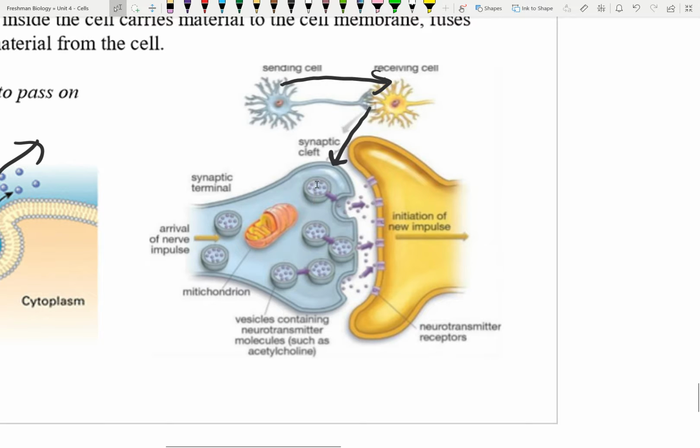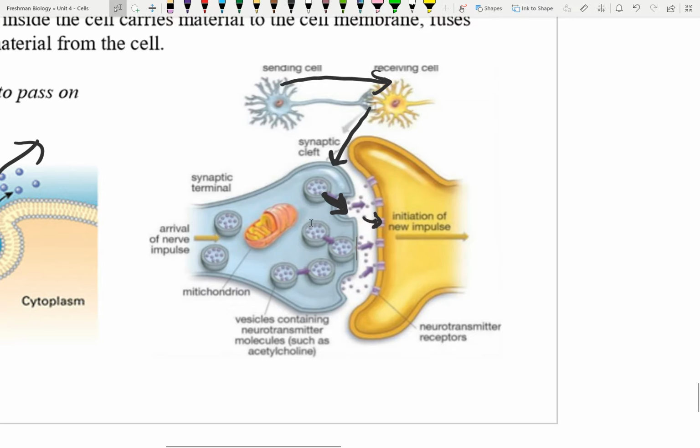And so basically the vesicle can fuse with the brain cell's cell membrane, and then the little neurotransmitter messenger chemicals can be released, and they can attach to receptor proteins on the cell membrane of the spinal cord cell, and that can trigger a message to be sent in that receiving cell.